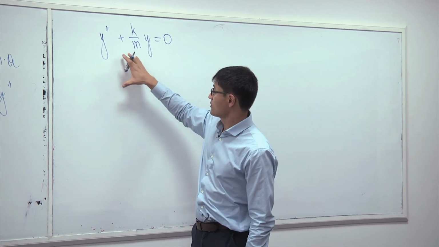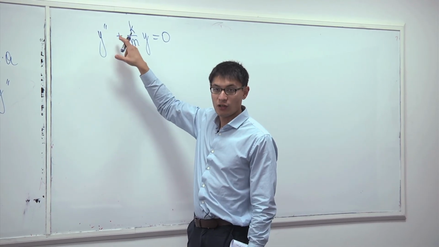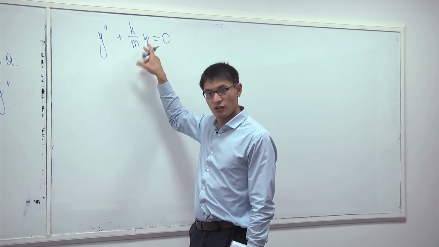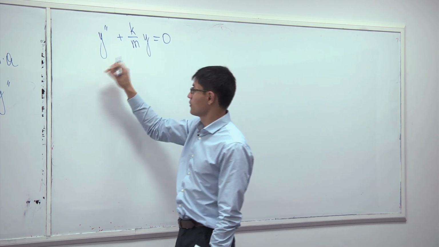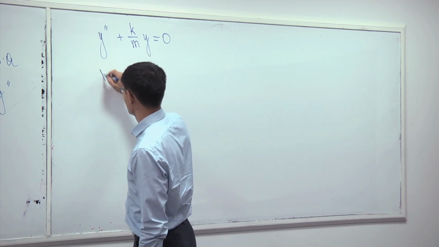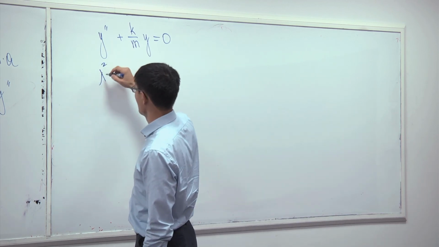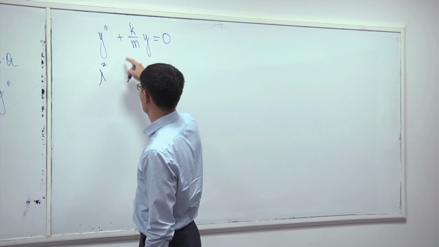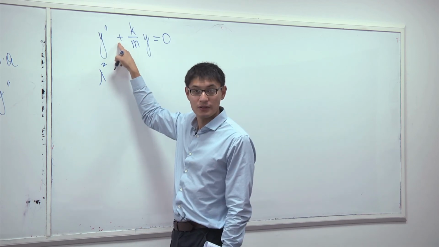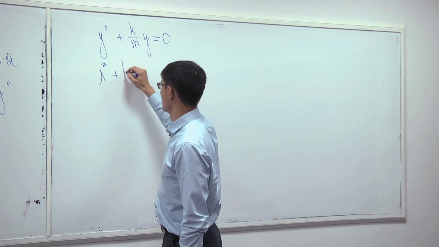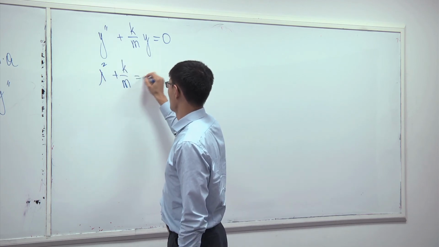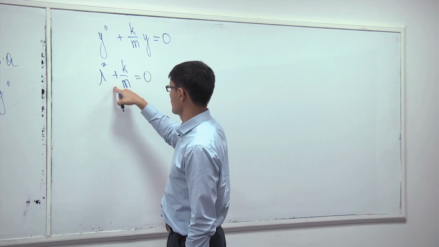Remember, the first step in solving a second order homogeneous equation with constant coefficients is to solve the characteristic equation. So in this case, the characteristic equation is lambda squared. Now notice there's no y prime, so there will be no lambda here. We'll just have plus k over m equals 0. This is the characteristic equation.